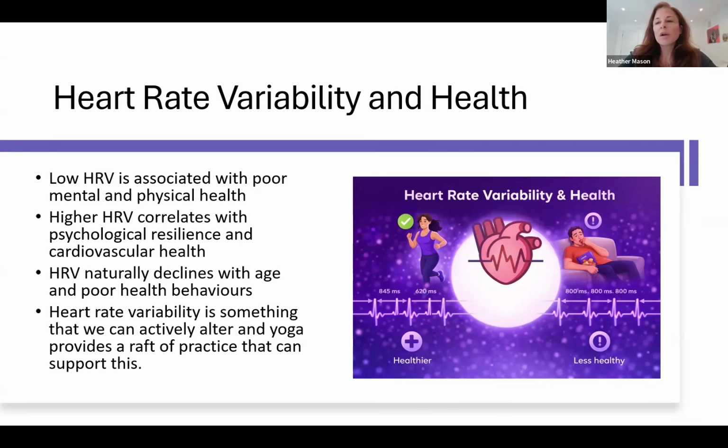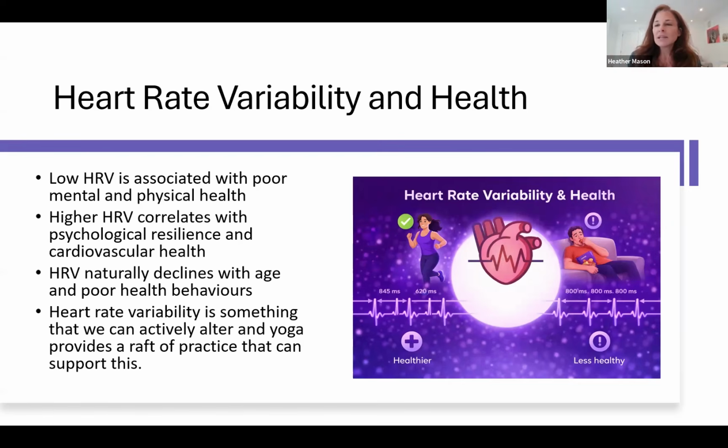Now, heart rate variability does naturally decline with age, and you might be surprised to find out that the biggest period of drop is actually between 20 and 40. It continues to decline after that, but that's where the greatest shift is.